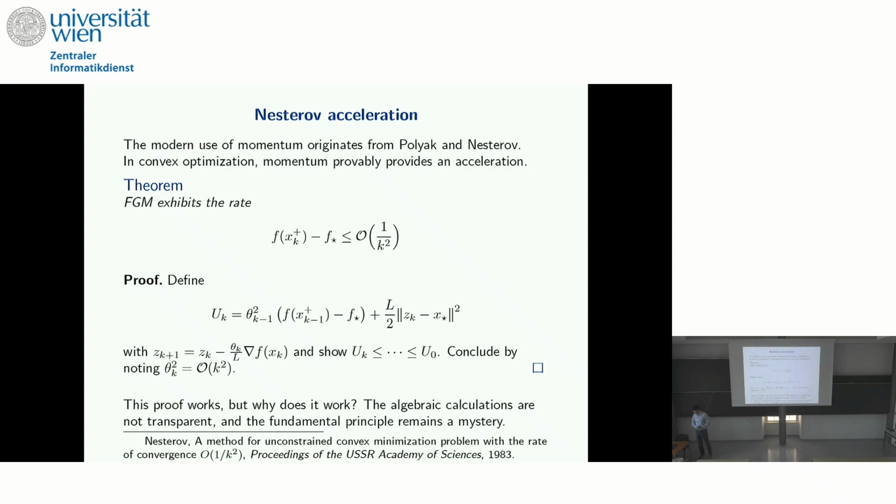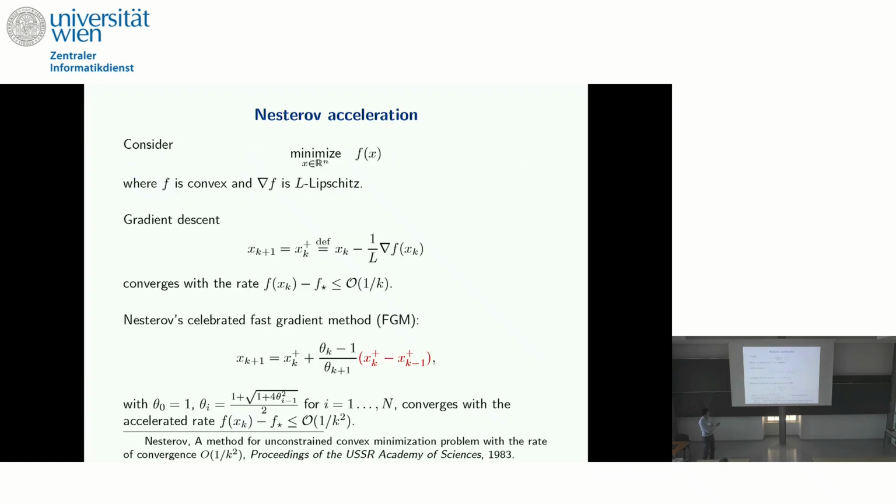We show that the U_k are dissipative, and then once you establish this, we're basically done, because the theta_k sequence in Nesterov acceleration has theta_k squared of order k squared. So this establishes the 1 over k squared rate. Theta is defined with theta_0 equal to 1, and then a recursive definition, and roughly speaking, theta_k is k over 2.